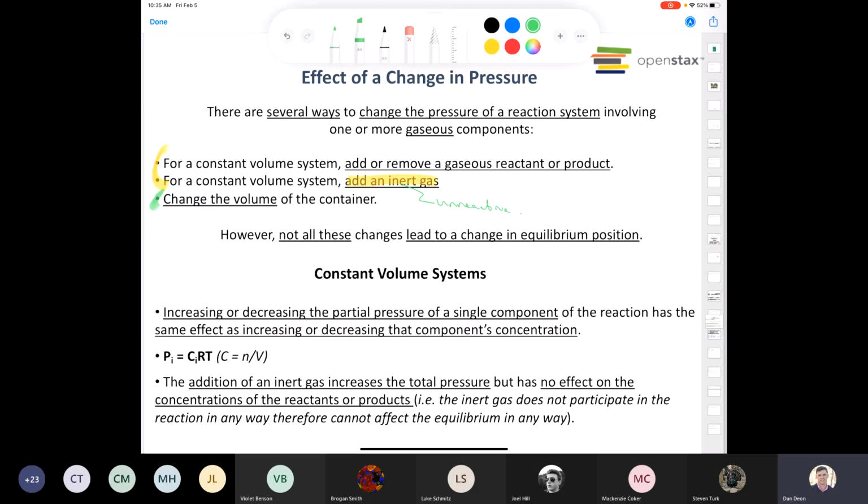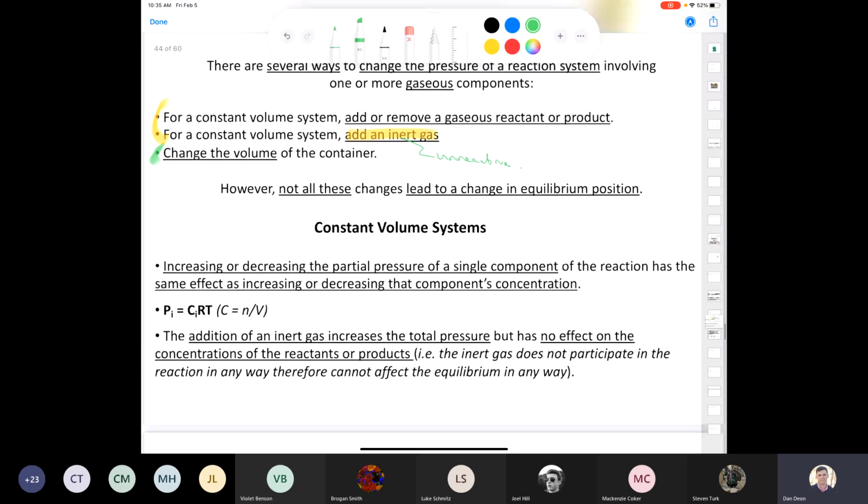Okay, but it says here that not all of these lead to a change in equilibrium position. So let's go over it quickly. It says if you're dealing with the first two scenarios, so a constant volume, if you increase or decrease the partial pressure of a single component of the reaction, it's got the same effect as increasing or decreasing that component's concentration.